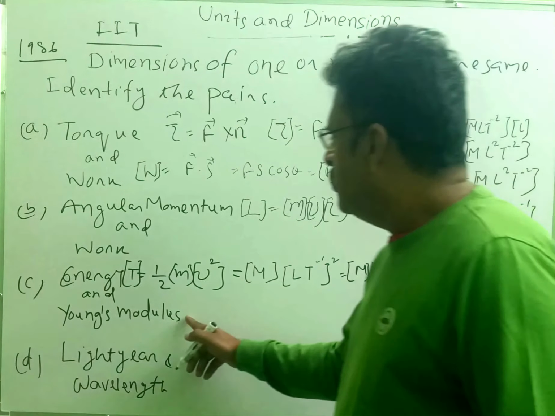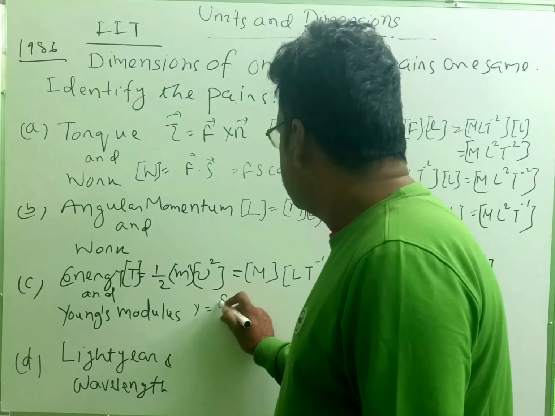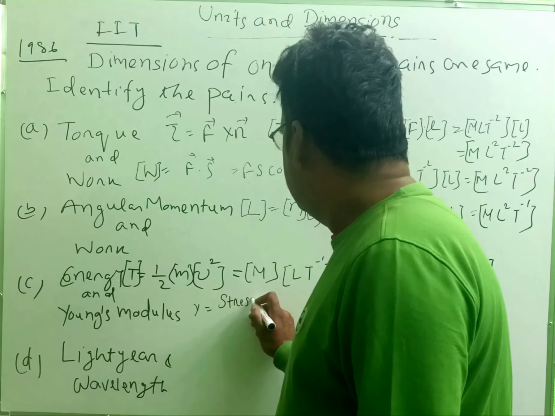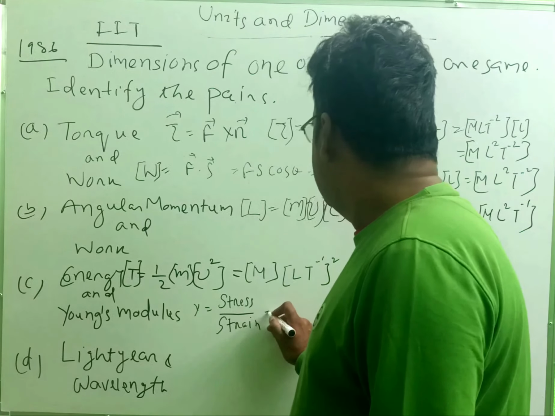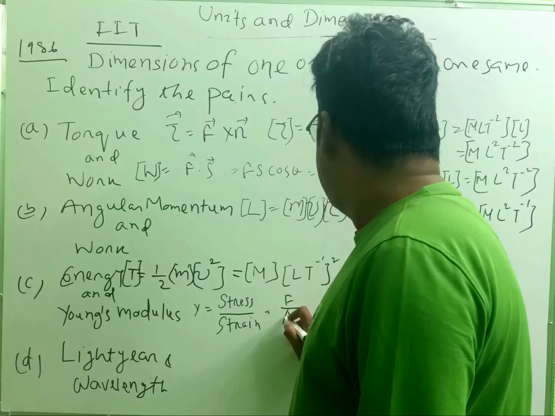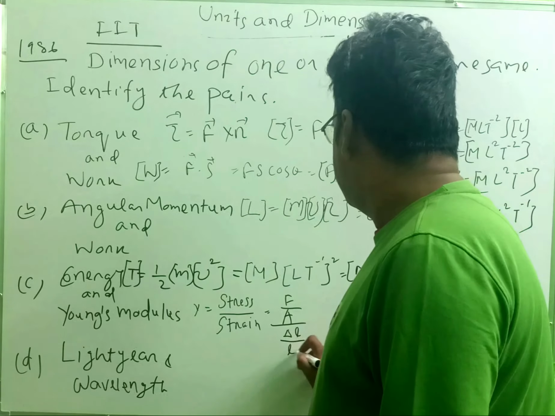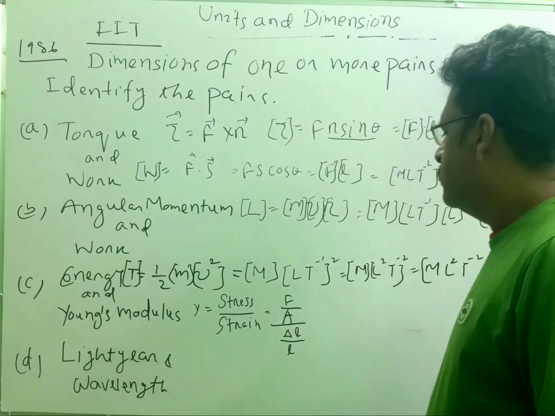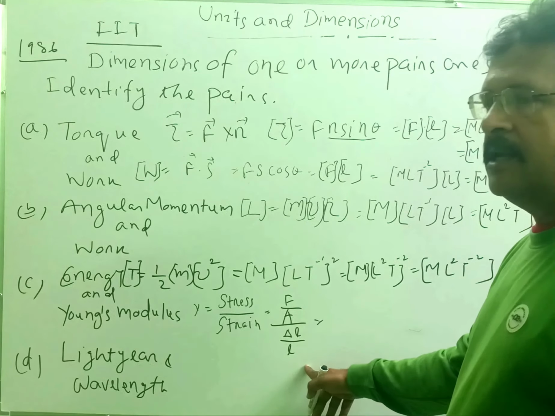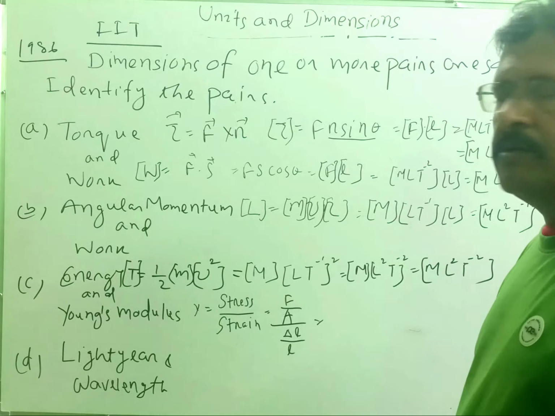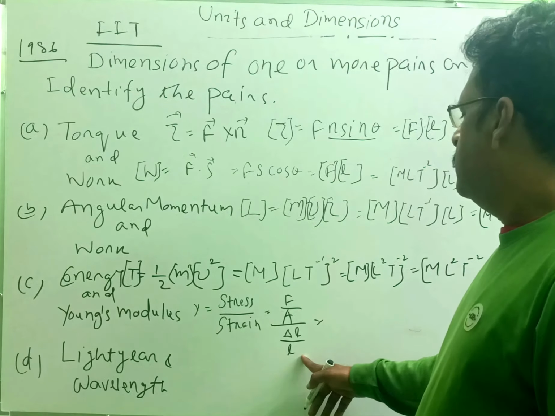And what is the formula for Young's modulus? We know Young's modulus is stress upon strain. What is stress? That is force by area, and strain is the change in length by original length, or change in area by original area, or change in volume by original volume. So this is a change in dimension by original dimension.